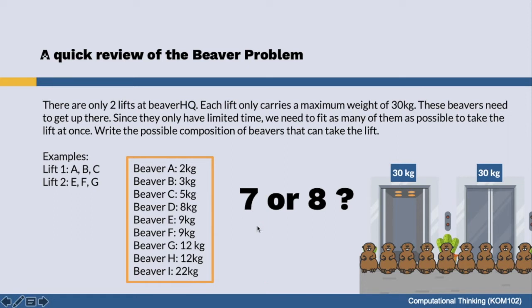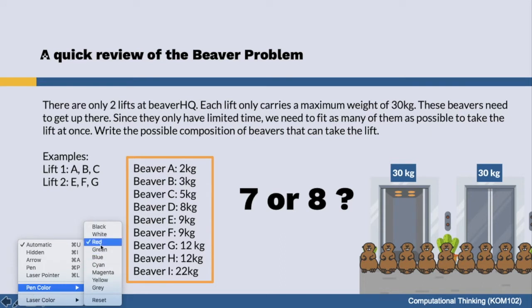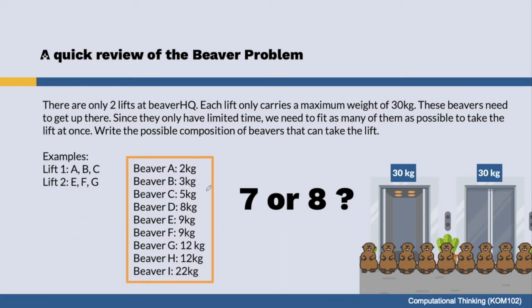Now, we have seen that using the greedy method, the solution is 7. But the question is, is it actually the best answer? Or can you think about a better solution for this? Now, a better solution might be for the first elevator, like lift 1.